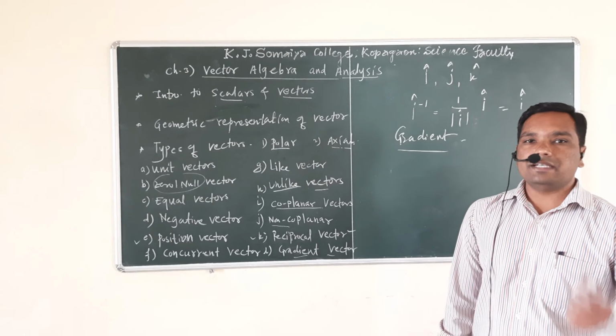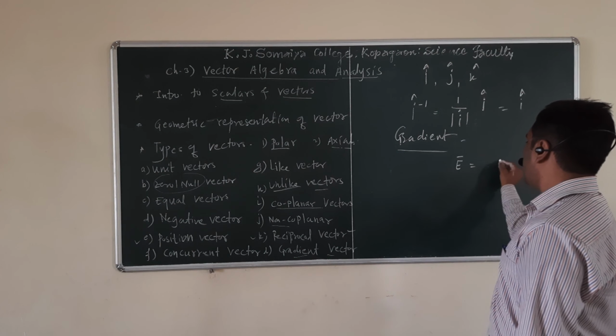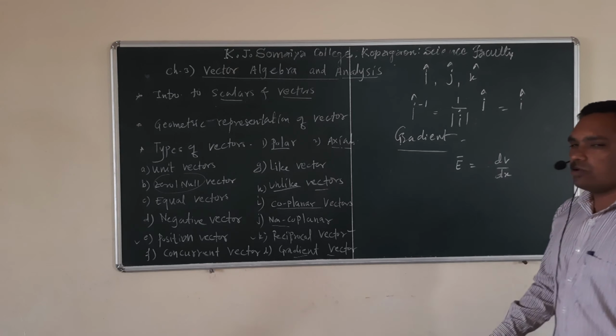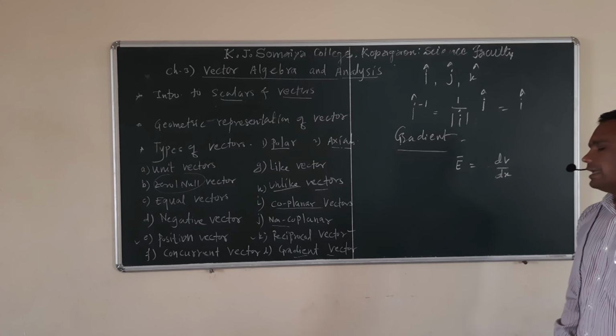An example of a gradient vector is the electric field, which is represented by the derivative of potential, dV by dx, or force, which is the negative gradient of potential.